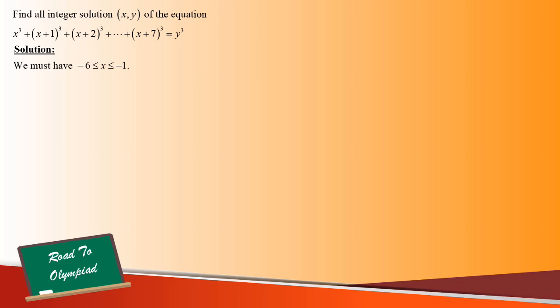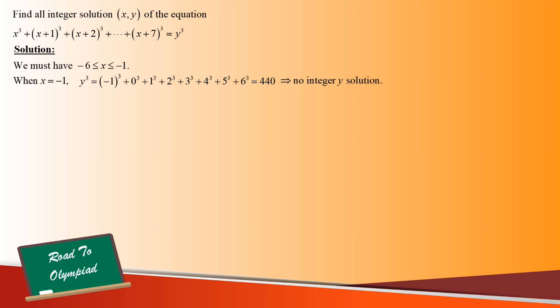There are only 6 possibilities here, so we can work them out one by one. When x is equal to negative 1, we have y cubed equal to the sum from negative 1 cubed until 6 cubed. This gives us 440, for which we have no integer solutions for y.